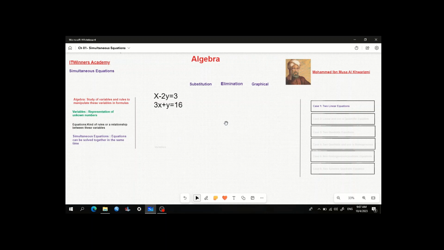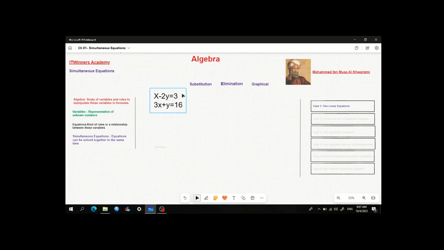I can draw these lines and get the intersection point between them. We will deal in this course with substitution and elimination, and graphical later on in another course. Okay, so let's start.